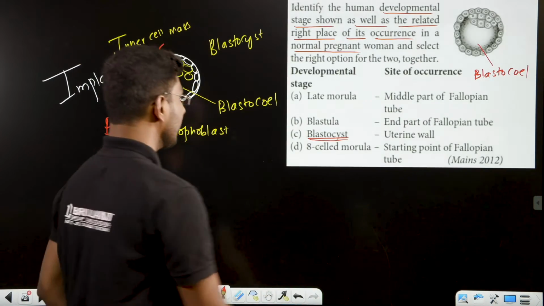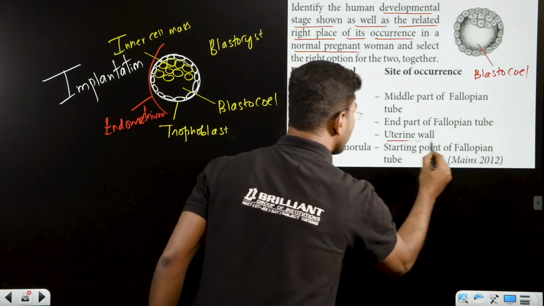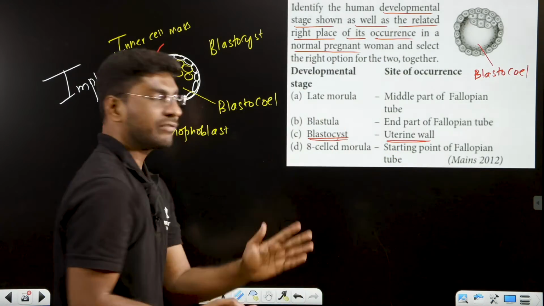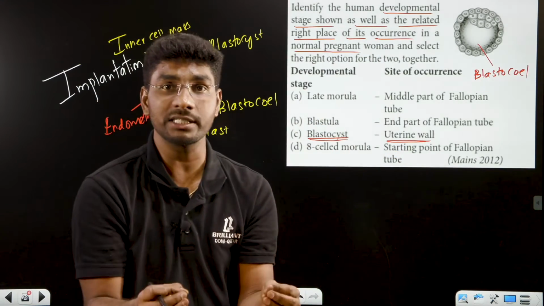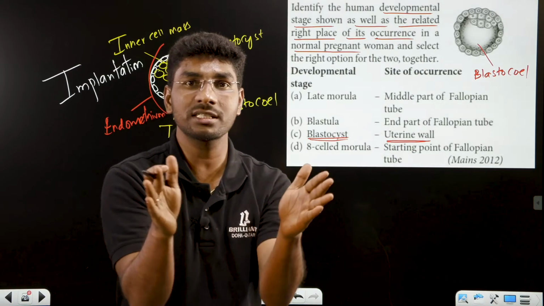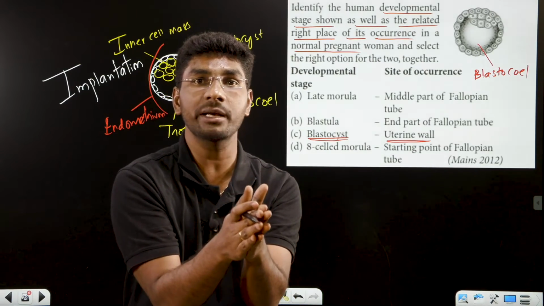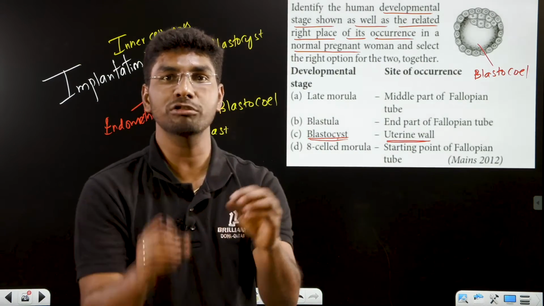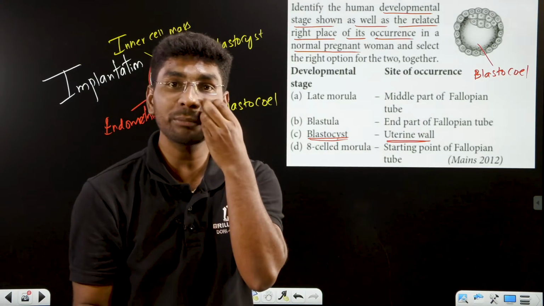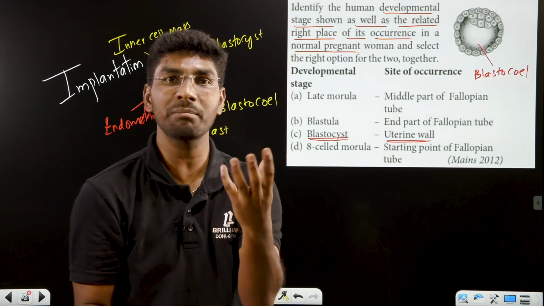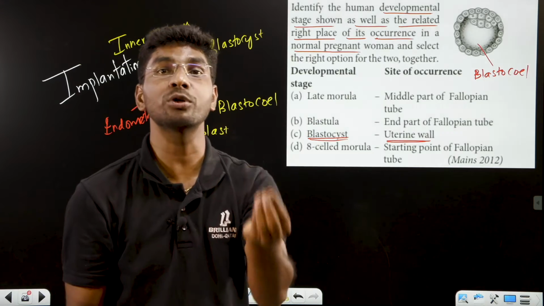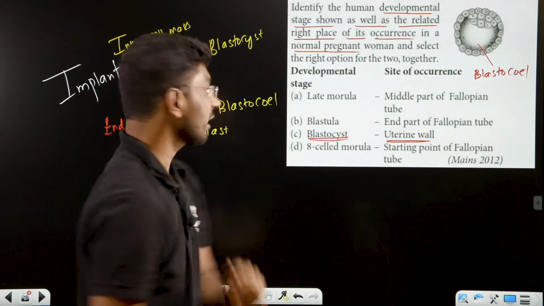So the correct answer is blastocyst, uterine wall. After 7 days of fertilization, this blastocyst stage comes and attaches to the endometrium of the uterus. This process is called implantation. Which hormone is essential for this implantation and for making that endometrium thick? Progesterone hormone.